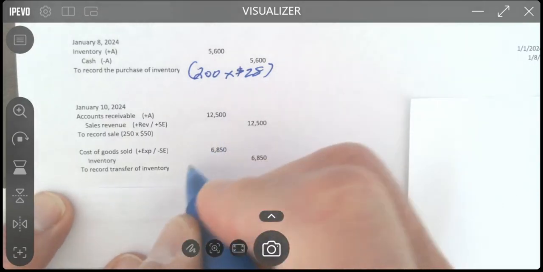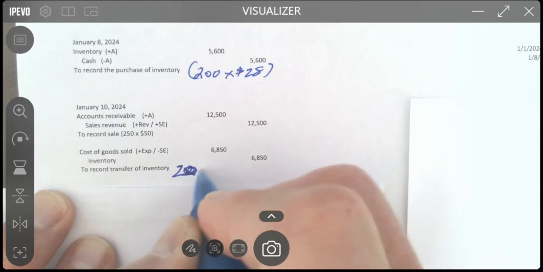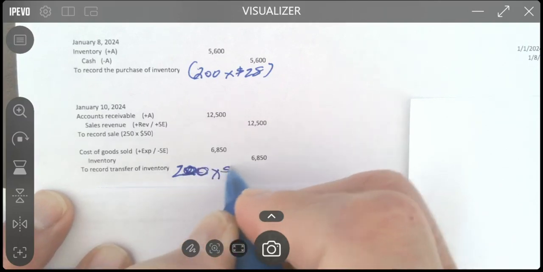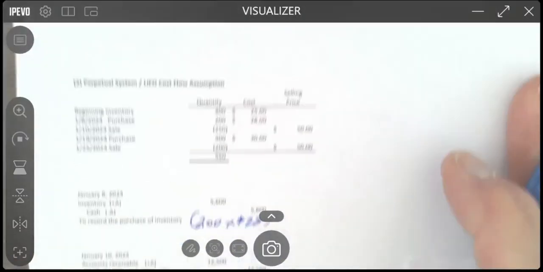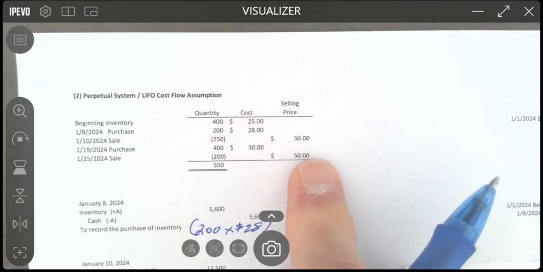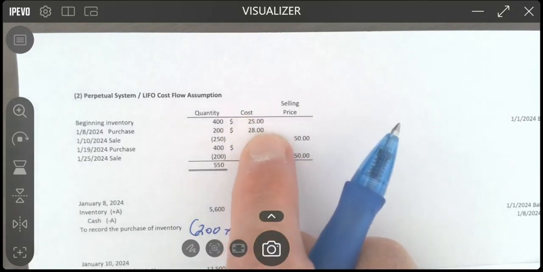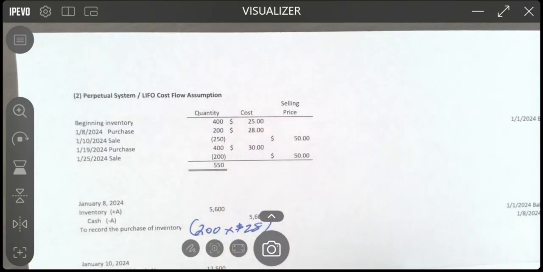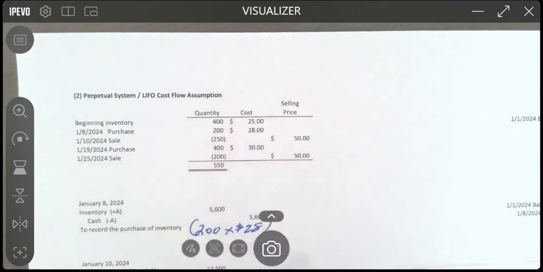So we assume it is the 200 that we bought just a few days ago at 28, plus 50 balls from beginning inventory that we bought at 25, because this is last in, first out.